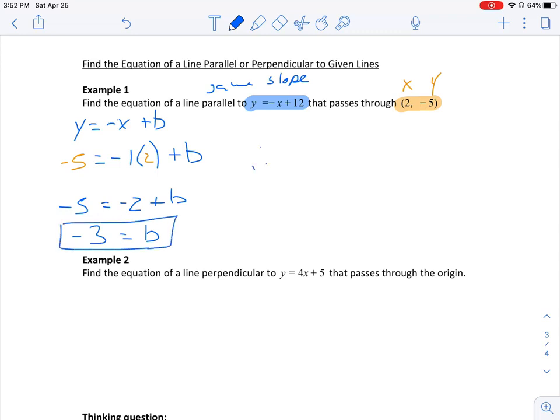So therefore, the new line is y equals negative x, because that's the same slope from up here, minus 3. It is parallel to the line, and it passes through the point 2 and negative 5.